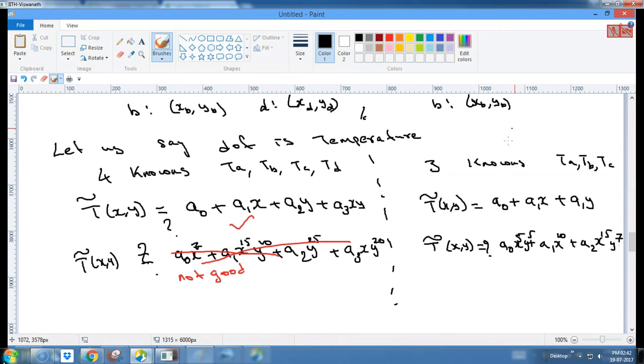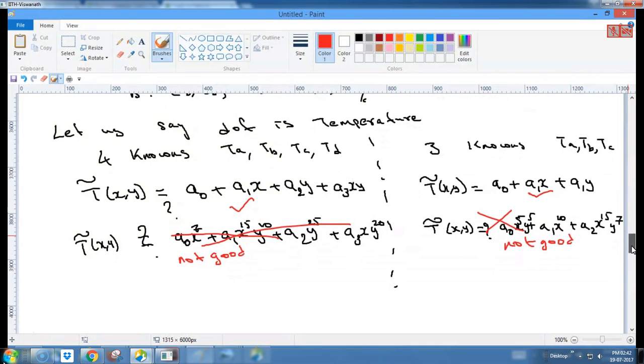This is also not good. This is good. So if you are given such kind of things, how do you come up with the best possible polynomial? This is our polynomial approximation. We are making a polynomial approximation.